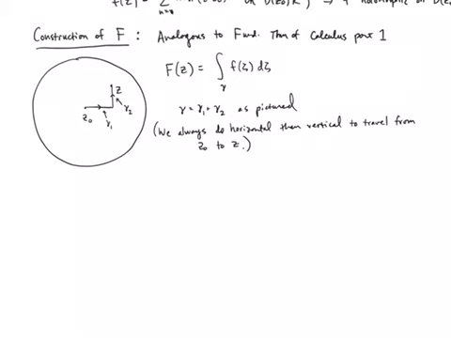But this gives us a well-defined function. So all we have to do is show that capital F prime of z is equal to little f of z.